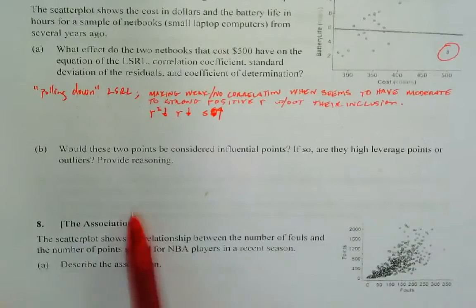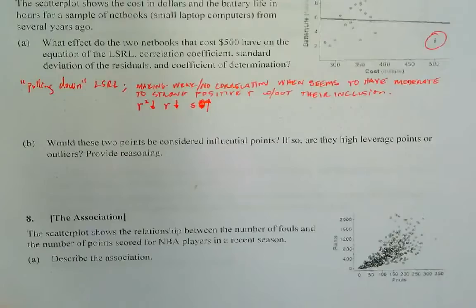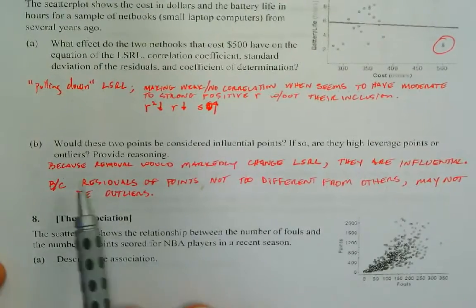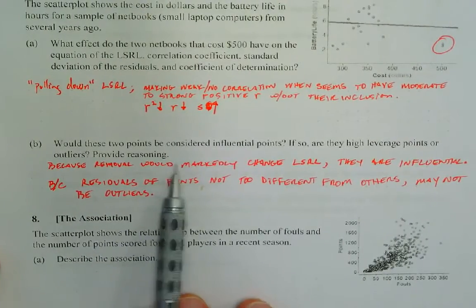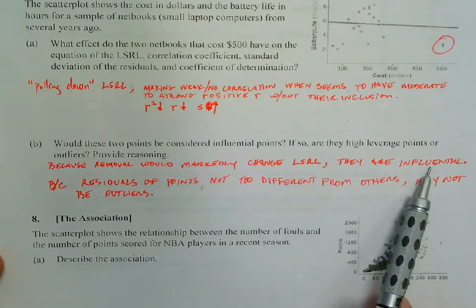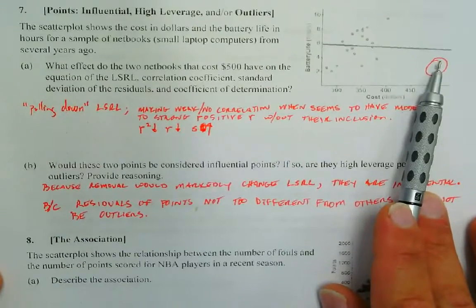So, would these be considered influential points? And if so, high leverage or outliers? What would we say? Well, our answer is because the removal would markedly change the least squares regression line, they are influential. We take those 2 points out, we change from a negative correlation to a positive correlation. That's huge.